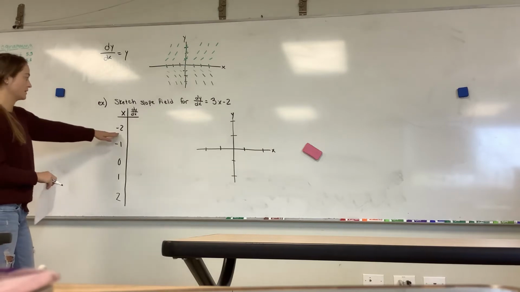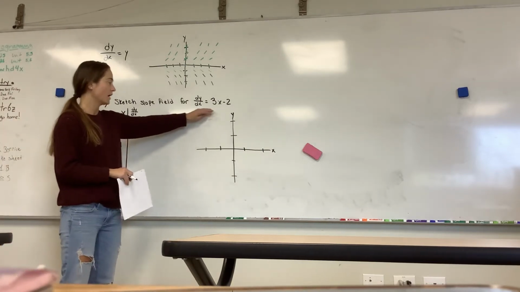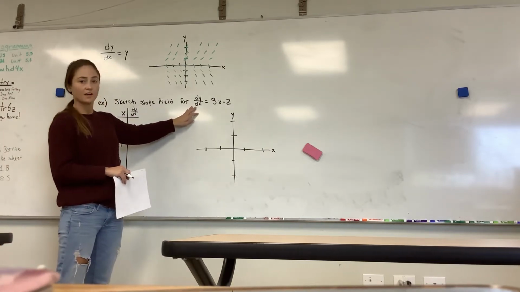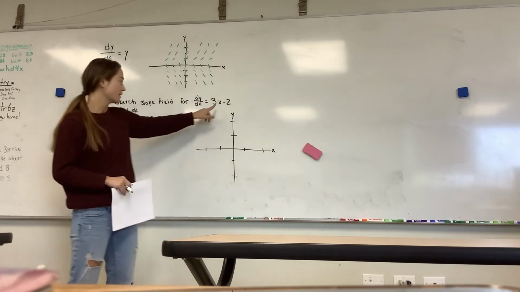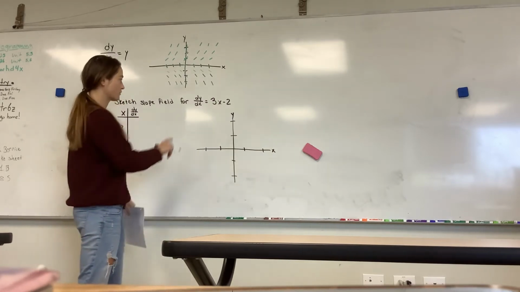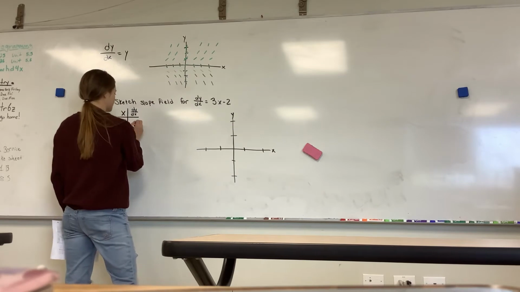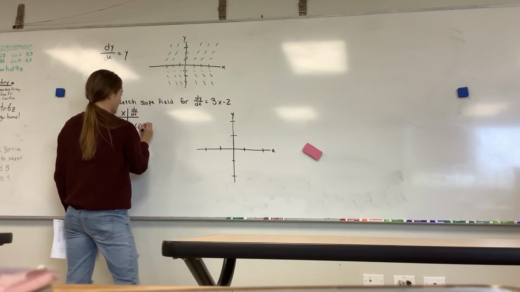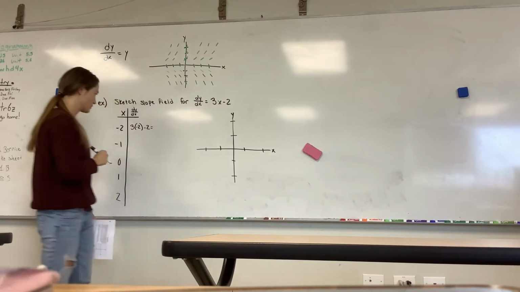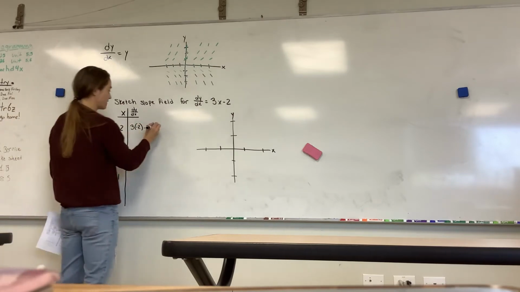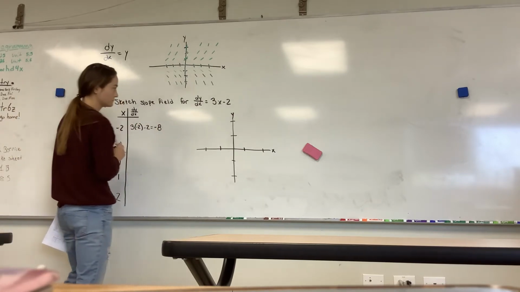So if I plug in a -2 for my x, I should be able to figure out what the slope is at that x value. So if I plug in a -2, I get 3 times -2 minus 2. That is equal to -6 minus 2, -8. So it's a very steep slope.